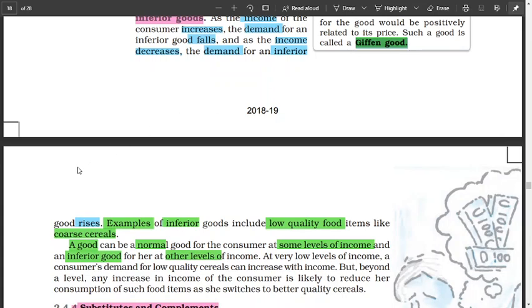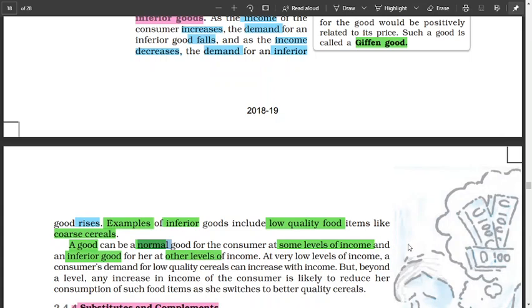But any good can be a normal good for the consumer at some levels of income. When you are having a low level of income, say poor people, it's normal for them to buy low quality food. So the same commodity is normal to people having that level of income. But it can become inferior as you have more income.